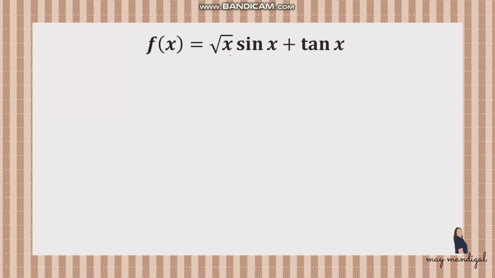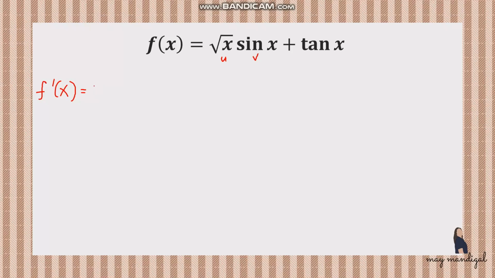But for this one, square root of x sine of x, we have to apply here the product rule because square root of x is multiplied to sine of x. So we will be using the product rule. So we have u and then v for the sine of x. So let's solve this. F prime of x is equal to, so let's apply the product rule to the first one.